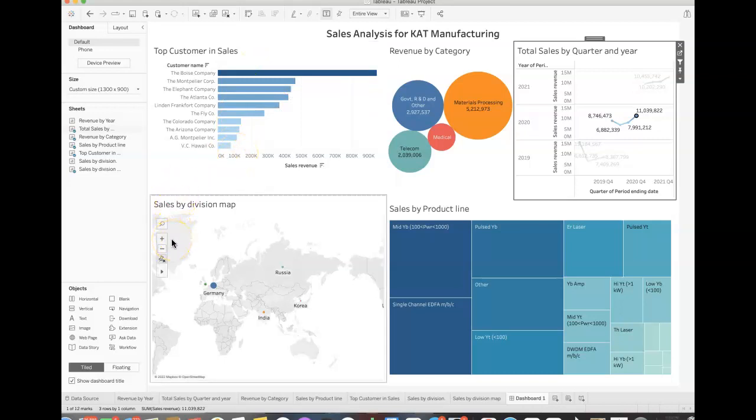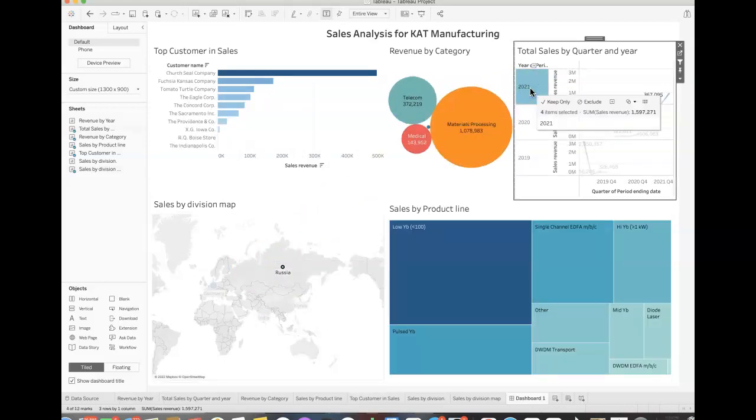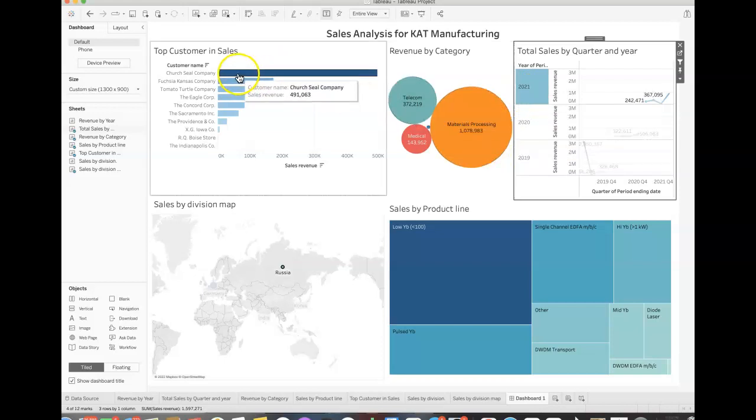Question 7, who is the top customer for the Russia division in 2021? Russia, 2021. And we see that Church Seal Company is by far the highest customer in sales.